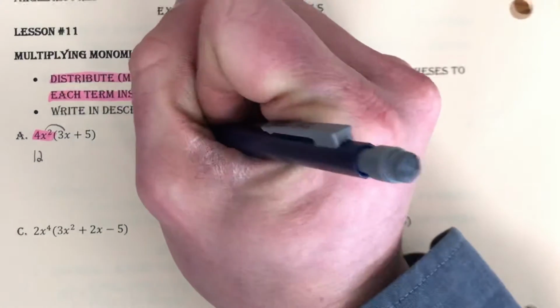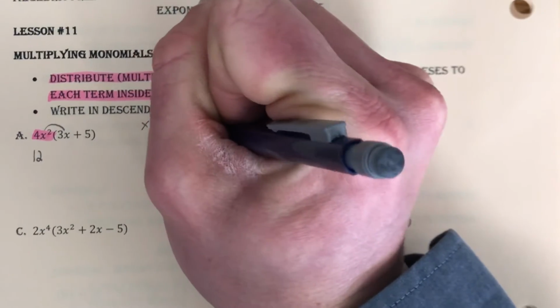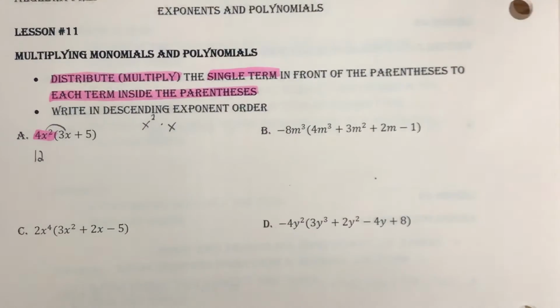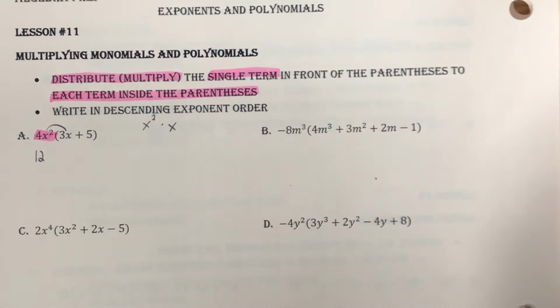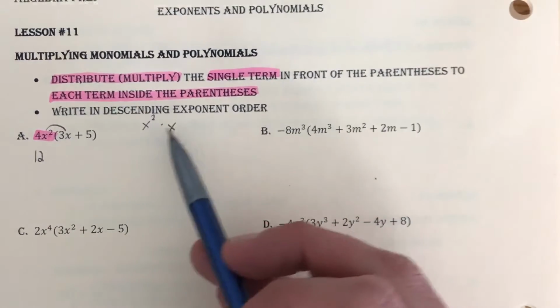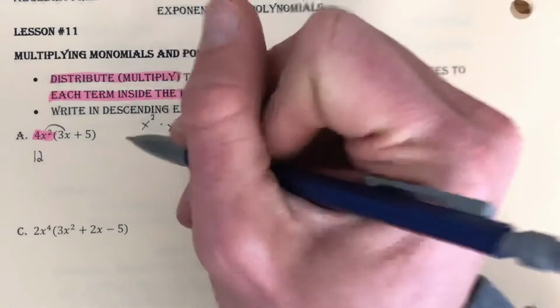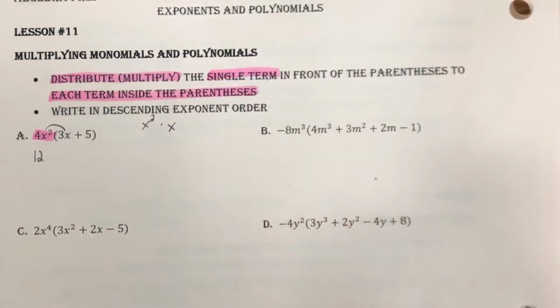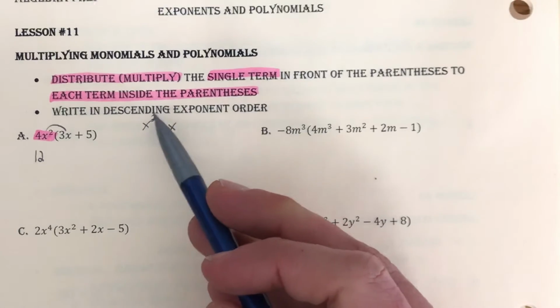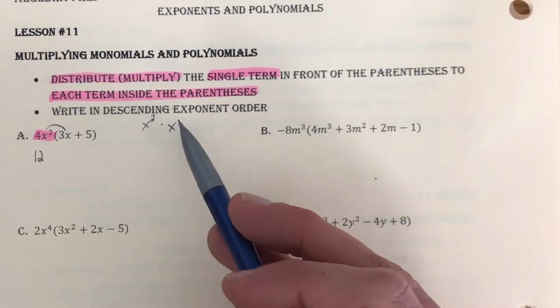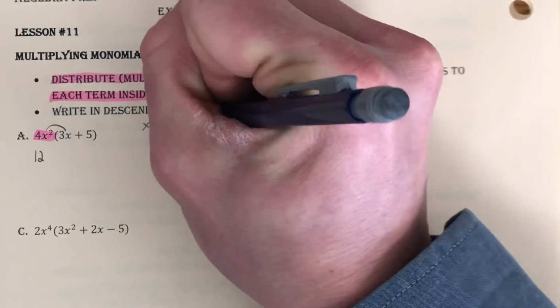Now remember, we learned about this earlier in the chapter where we had those rules of exponents. When we are multiplying terms with the same base, so the same variable, remember that we add the exponents. So we've got a 2 exponent here for x, and we've got a 1 exponent on this one that's not showing.